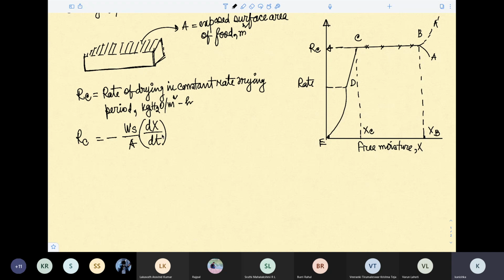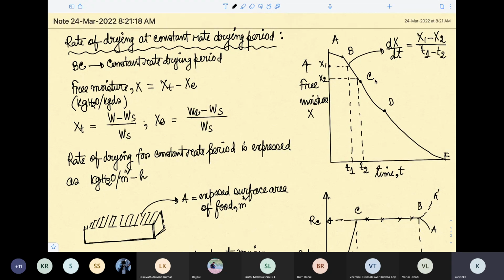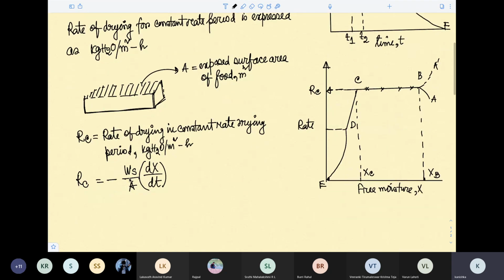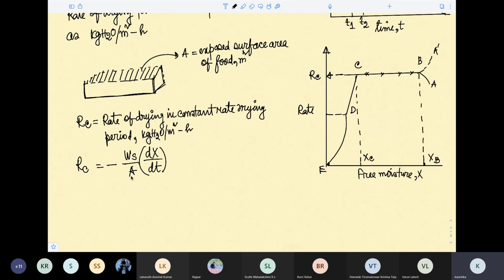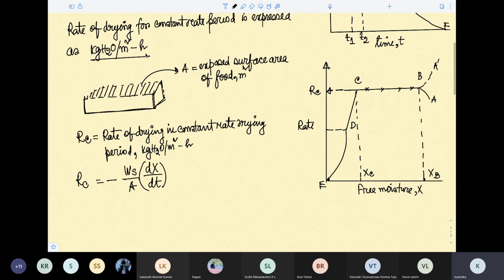So dx dt is the slope of this line, nothing more than that. This is the rate of moisture removal, multiplied by Ws, the solid, divided by A. A is the exposed surface area. Now dx is the free moisture content, so the unit is kg H2O per kg dry solid.